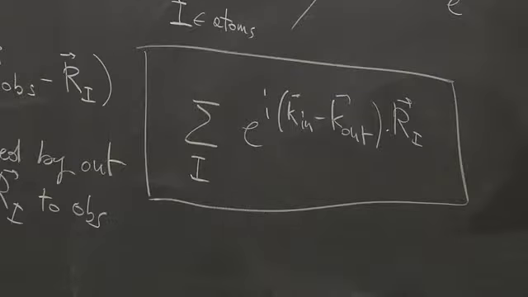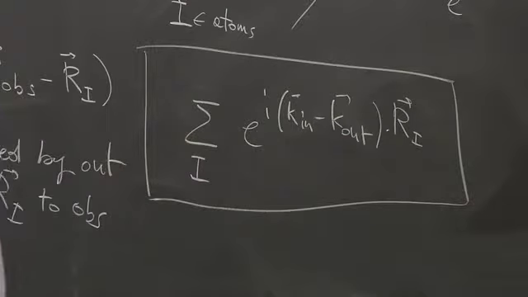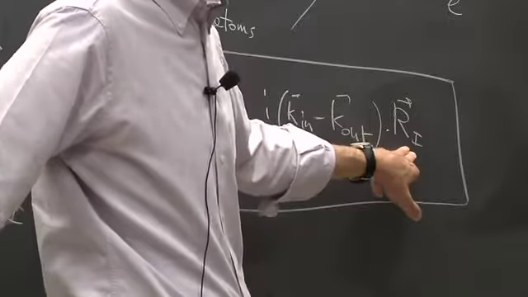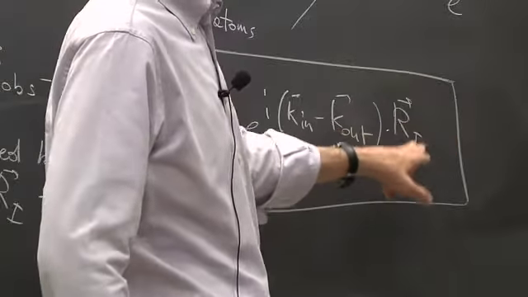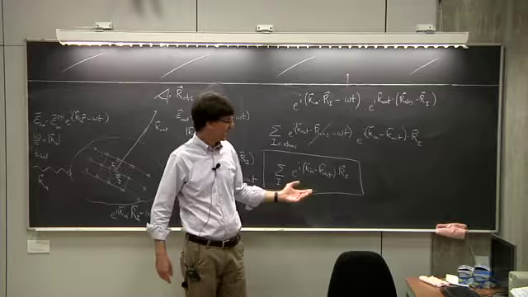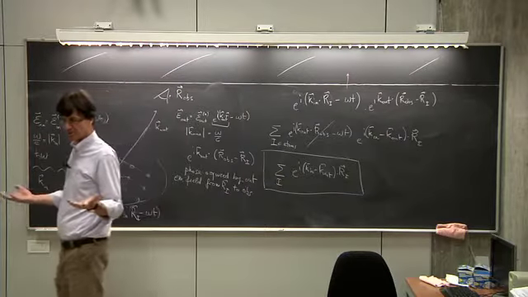Now, these phases are going to add up in a complicated way, of course. And in principle, if these positions were really random positions, we are not dealing with a crystal now, we're dealing with random positions, this phase is going to be a random number. And if I add up random phases, what do I get?